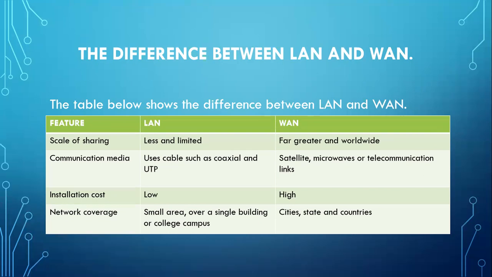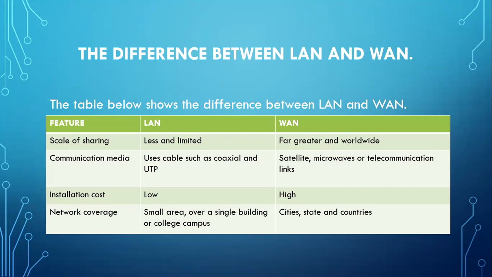These cables are used for transferring the connection and sharing information between a few computers. While the wide area network uses communication media such as satellite, microwaves, or telecommunication links, which enable the connection.